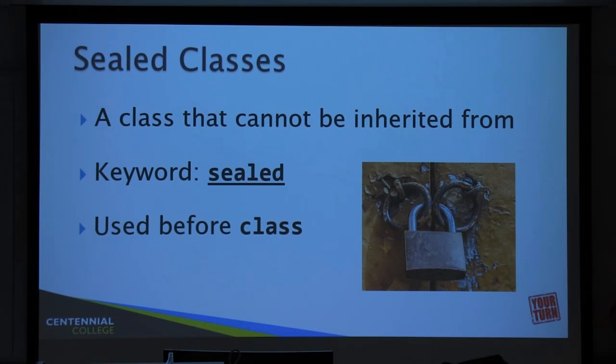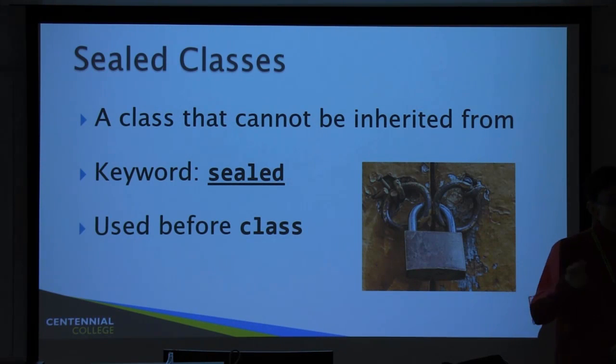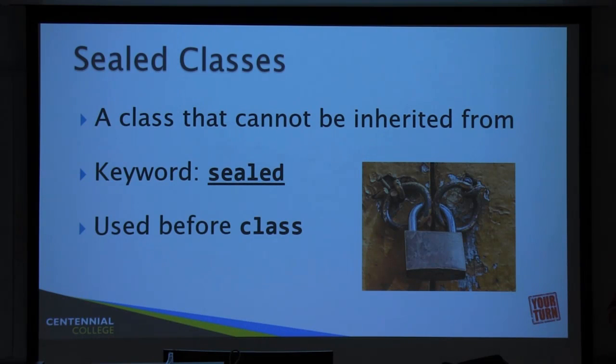Well, in a way, you are protecting that class from someone further extending it. Maybe you have a commercial library, a commercial product that you want people out there to use, but you don't necessarily want people to extend.